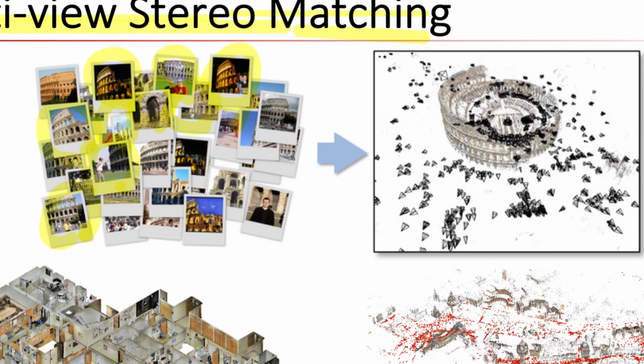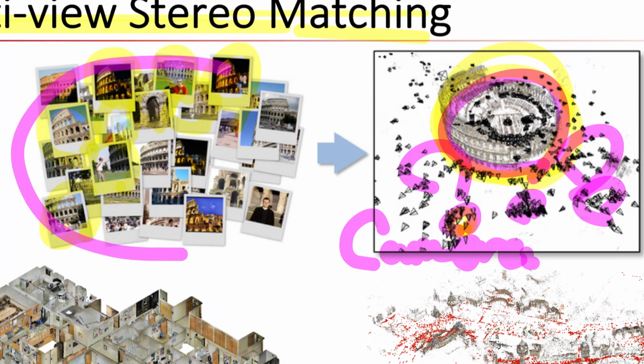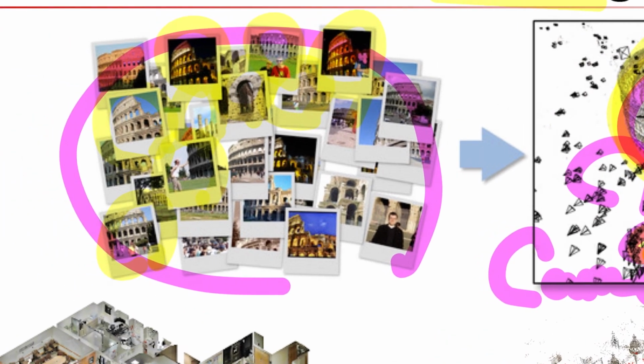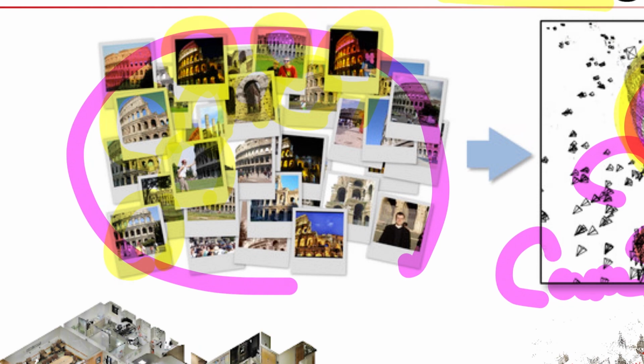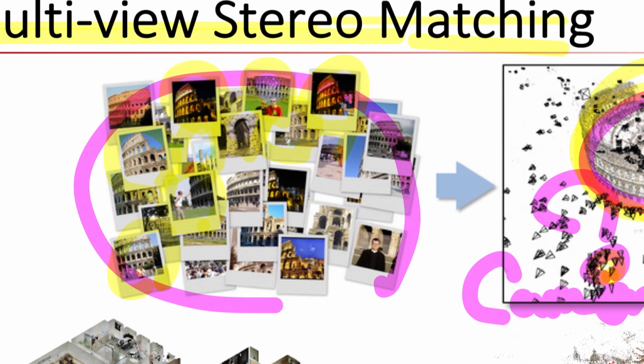So if you imagine the Colosseum, this is the camera, and so many people take pictures of the Colosseum from different viewpoints with different cameras. So this is the output of the cameras. Then what do we want to do? By analyzing these multiple images, we want to reconstruct this 3D object. Then how can you do that? Actually, this is similar to stereo matching.